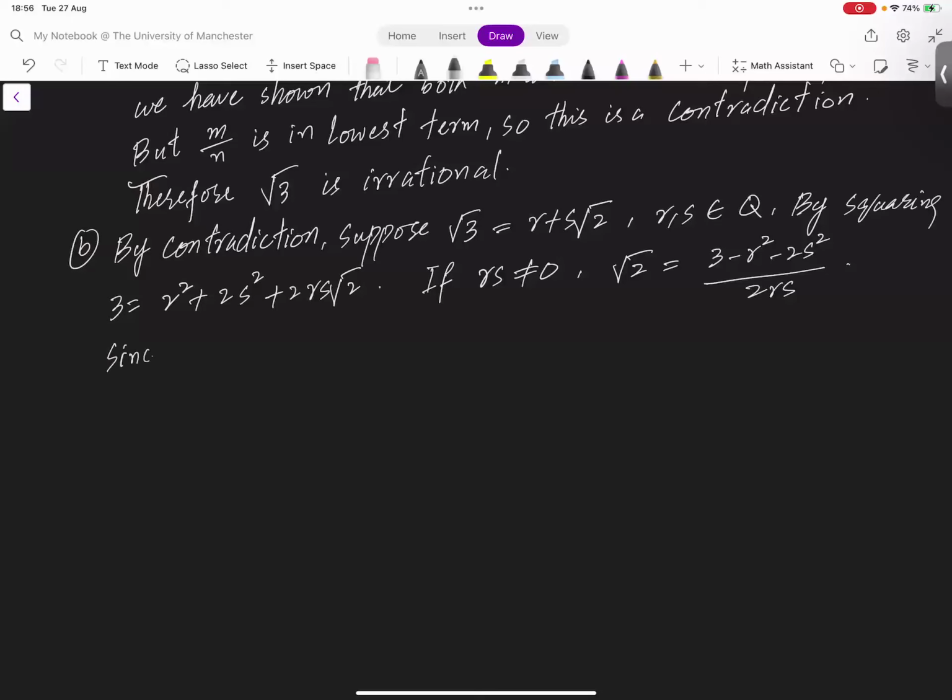Since r comma s are rationals, this implies that under root 2 is rational, which is a contradiction.